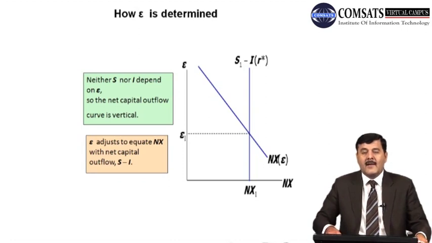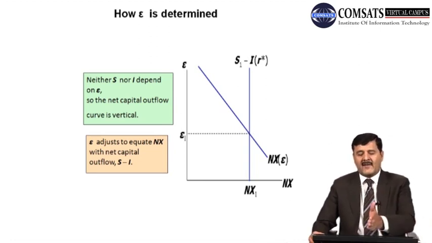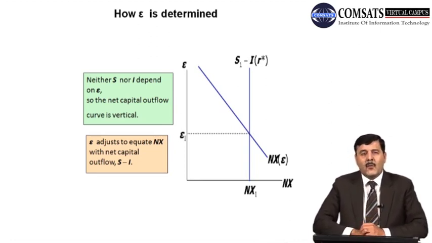I will try to explain the determination of real exchange rate with the help of this diagram. As we know that we have the saving curve, which is given, and we have the investment curve as a net exports curve, which is, as we said, that on x-axis we are measuring net exports, on y-axis we are measuring the real exchange rate.